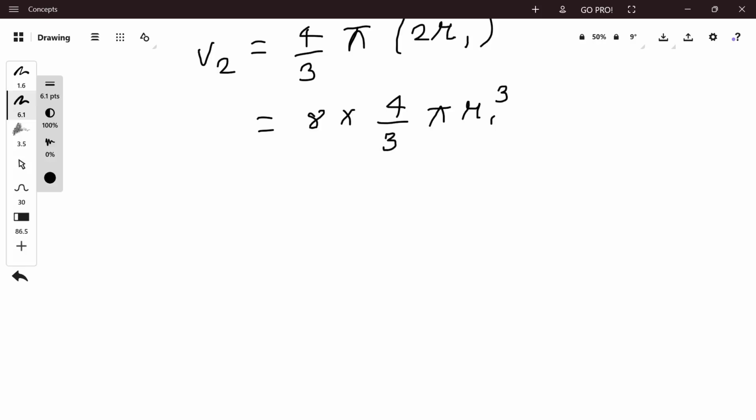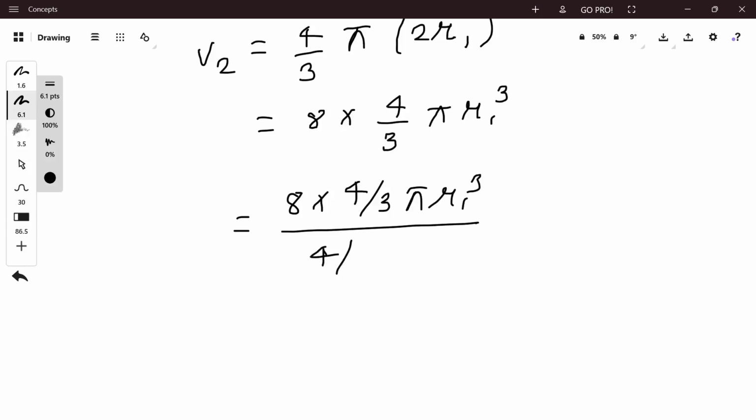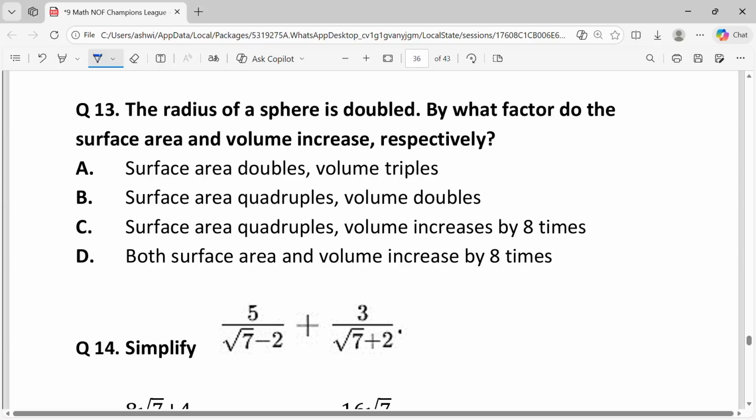The ratio of V2 to V1 is equal to 8 into 4 by 3 pi r1 cubed upon 4 by 3 pi r1 cubed, which is equal to 8. The volume increases by 8 times. From the given options, the answer is C. The surface area quadruples and the volume increases by 8 times.